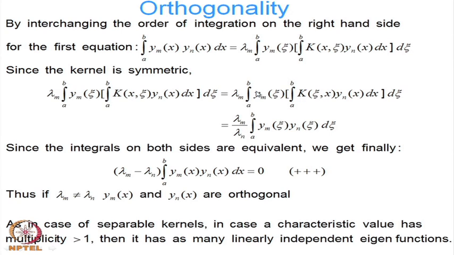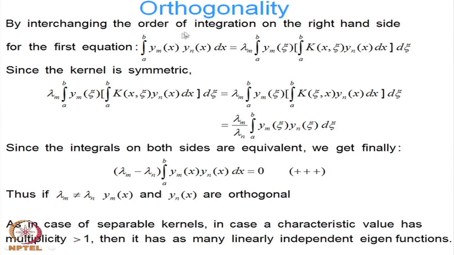So, I have lambda m integral a to b ym of xi yn of xi, and of course, I have to divide it by lambda n, because this term within the bracket is equal to yn of xi divided by lambda n, from the definition of my eigen problem. So, this is equal to integral of ym xi yn xi d xi times lambda m divided by lambda n, and this is equal to that.